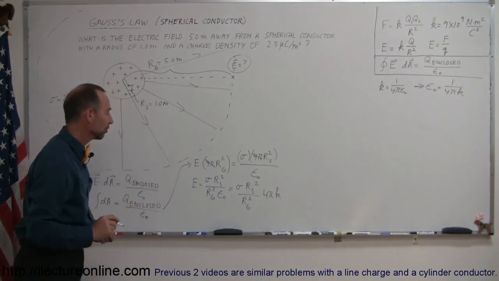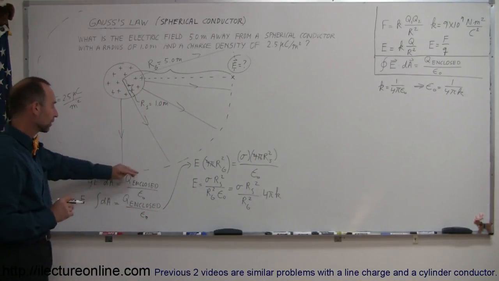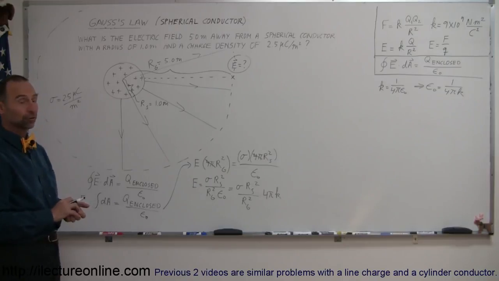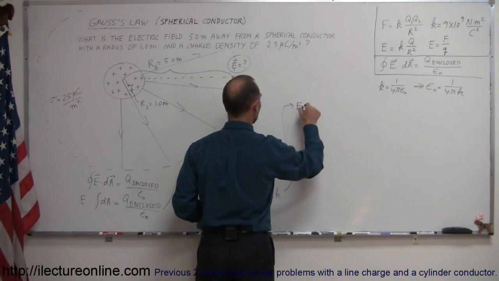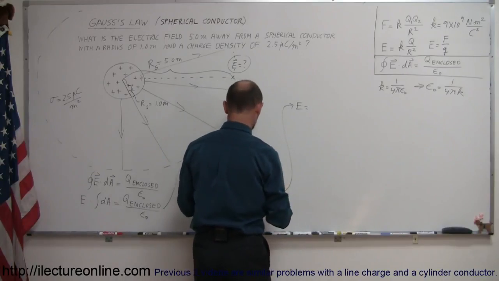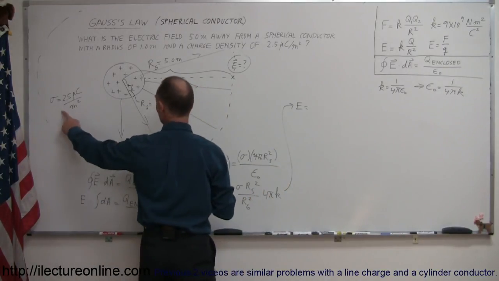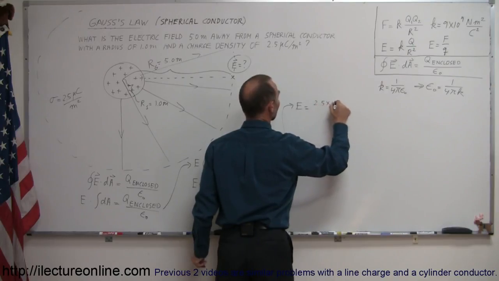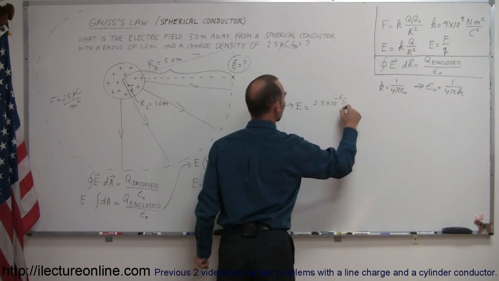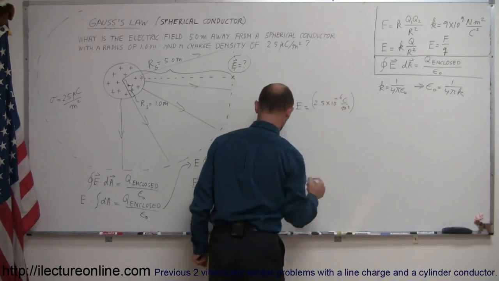And now we have an equation that allows us to find the strength of the electric field at the Gaussian surface. So let's go ahead and do that. The strength of the electric field is equal to sigma, which was given, 2.5 times 10 to the minus 6 coulombs per square meter. That's the surface density.